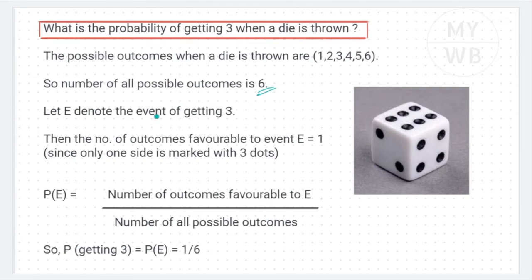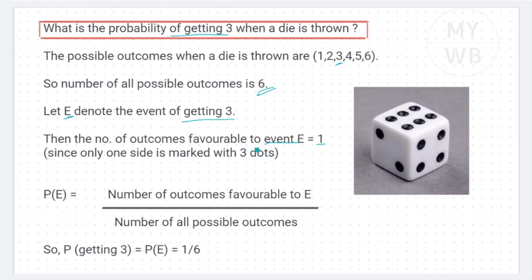Now, let E denote the event of getting 3, because we need to find the probability of getting 3. Then the number of outcomes favorable to event E is just 1. Only when this 3 appears is it favorable to us, and only one side is marked with 3 dots.